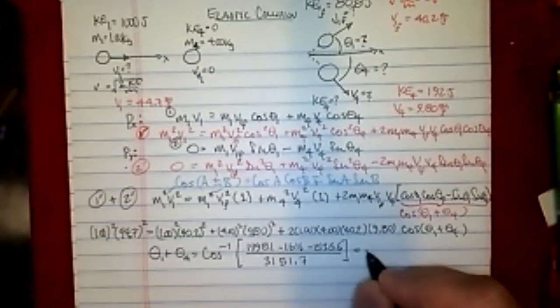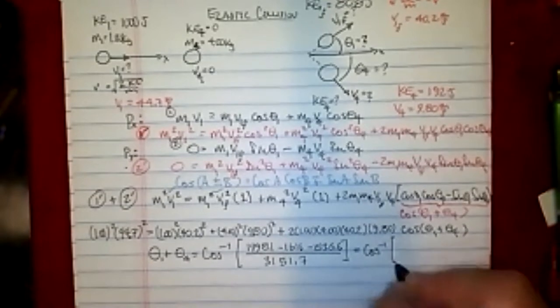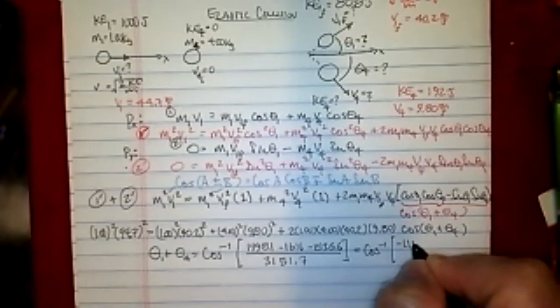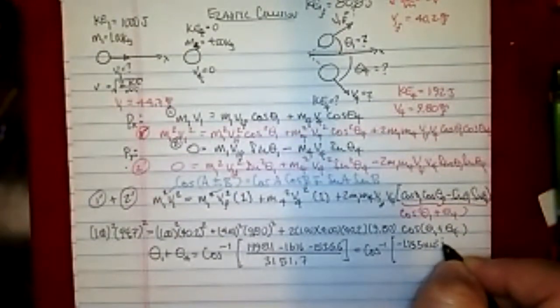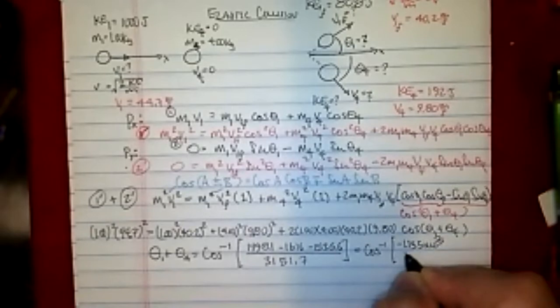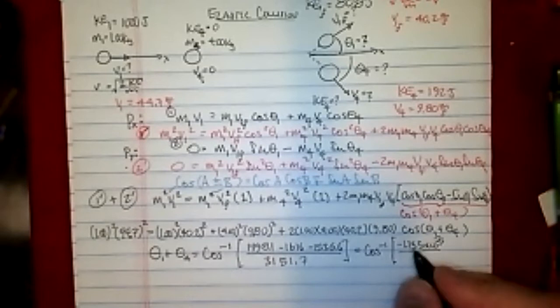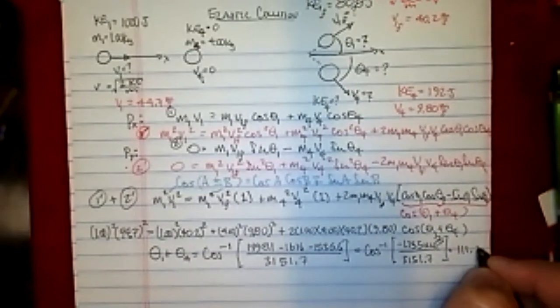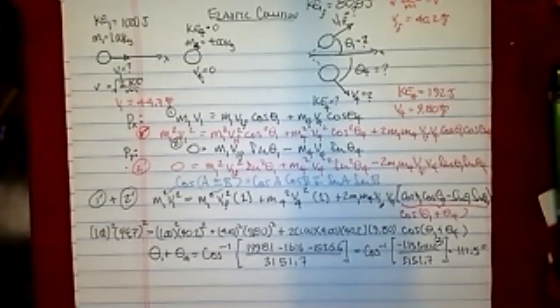And that gives me, when I take the cosine of this, I end up taking the inverse cosine of, and I'll put the numbers here just so you can verify it, negative 1.155 times 10 to the third over 3151.7, and that gives me 111.5 degrees.